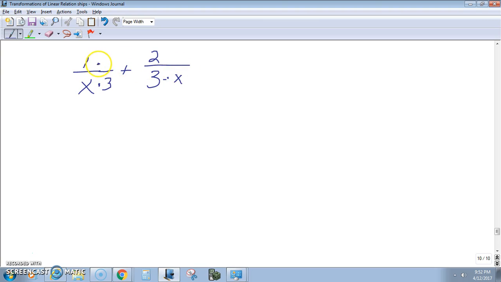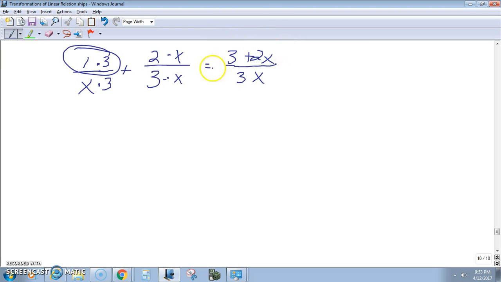If I multiply this 1 over x by 3 on the denominator, I have to do it by 3 on the numerator. Conversely, if I multiply this side by x on the denominator, I have to multiply this side by x on the numerator. My common denominator is now 3x. And my numerator, this one is 1 times 3 is 3, plus 2 times x is 2x.